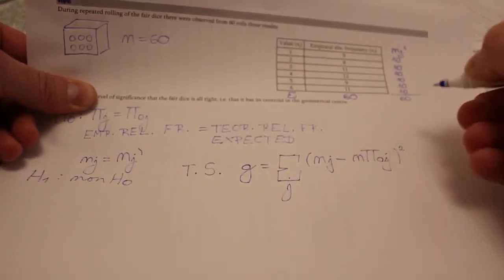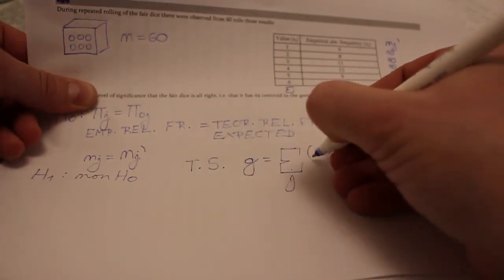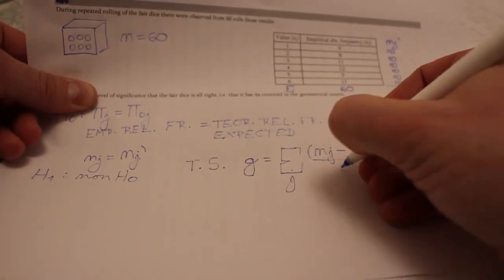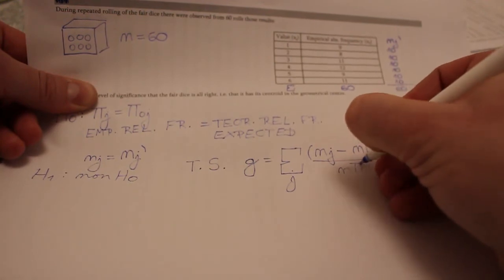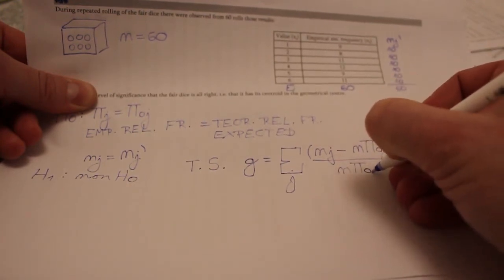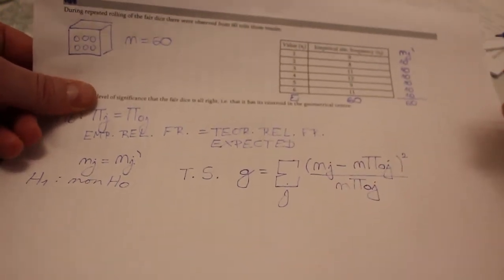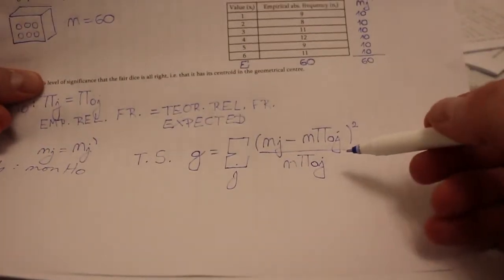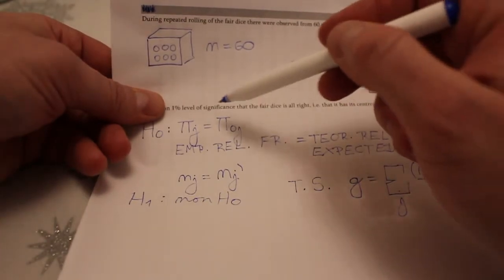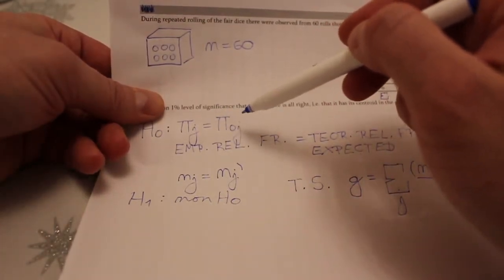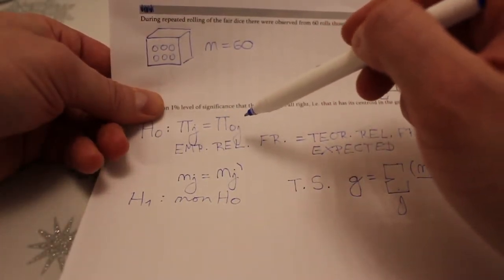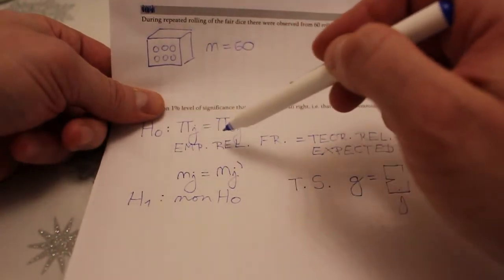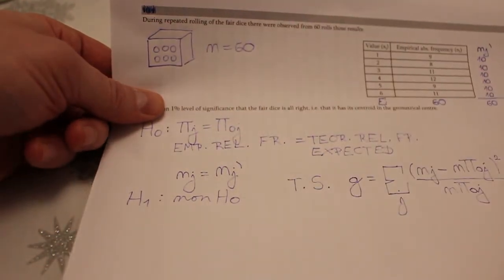This is in squares, and this is divided by N times P0j. What is P0j? P0j is here in this relative frequency, in this relative statement of the zero hypothesis.